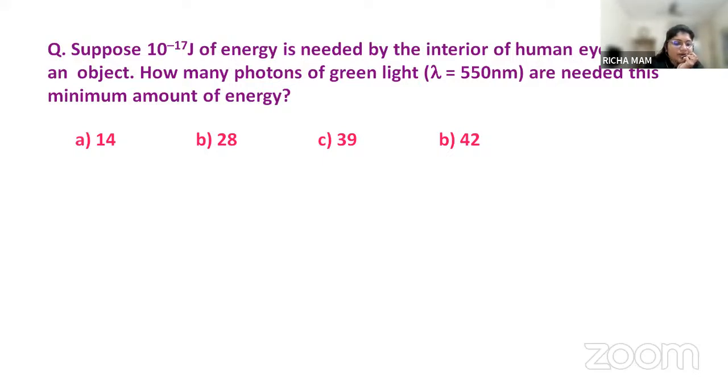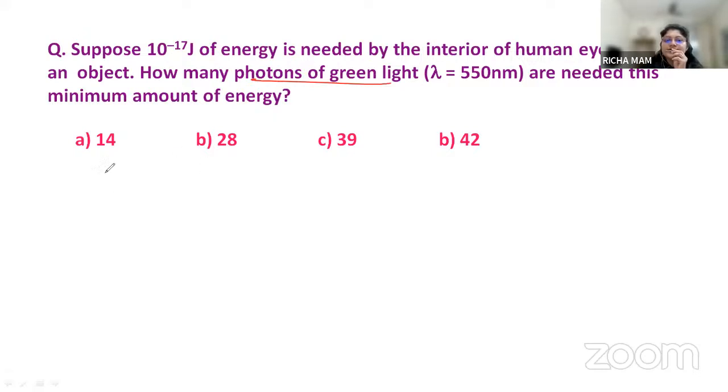How are you going to solve this? This is based on electromagnetic radiation. They have asked how many photons of green light are needed. So what all is given here?